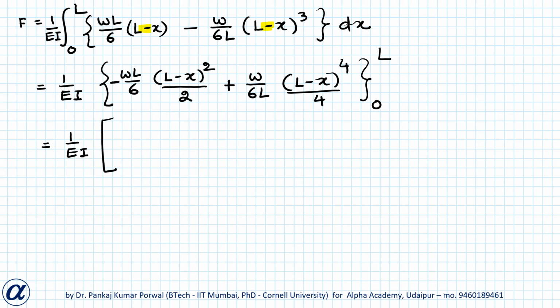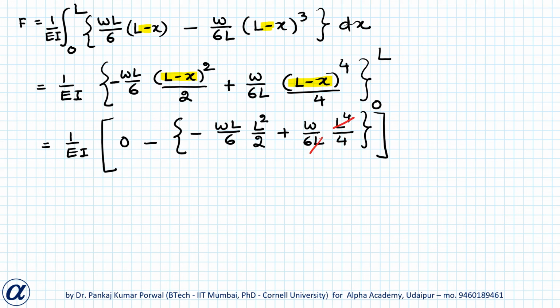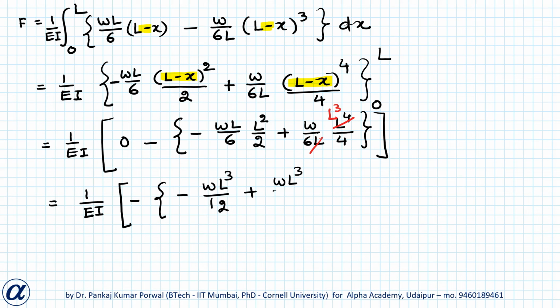When x equals L, this will become 0 and this will also become 0. So I'll have 0 minus, at x equals 0, the first term will become minus WL by 6 into L squared by 2, plus the second term will become W by 6L into L to the power 4 by 4. Here L will cancel L to the power 4 to give L cube. This simplifies to 1 upon EI, the minus sign, minus WL cube by 12 plus WL cube by 24.